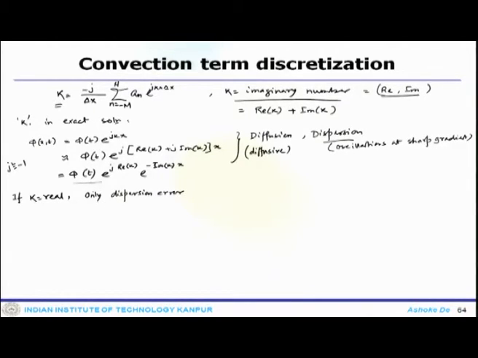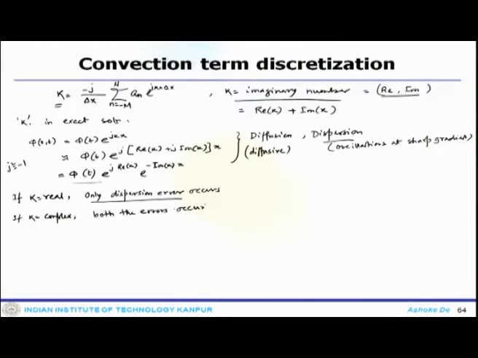So, if there is no imaginary part, if k is real, then only dispersion error occurs. However, if k is complex, that means it will have both real and imaginary parts, then both the errors will arise.